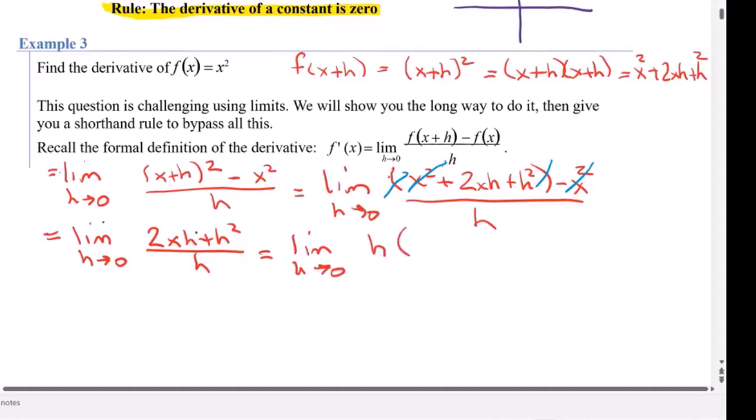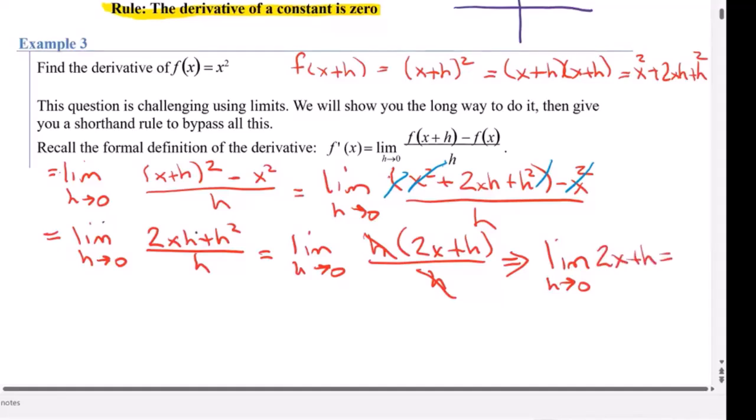I can factor out my h. I get 2x plus h divided by h. I can cancel my h's, and I get that the limit as h approaches 0 of 2x plus h equals 2x.